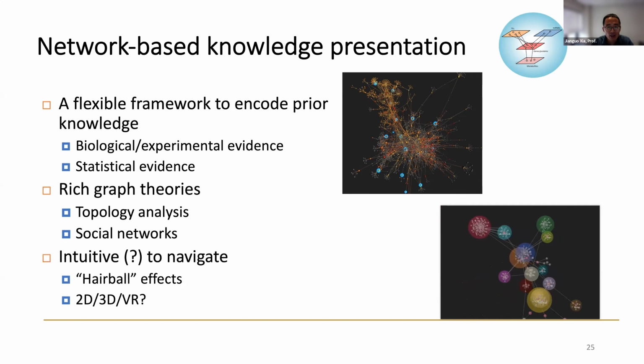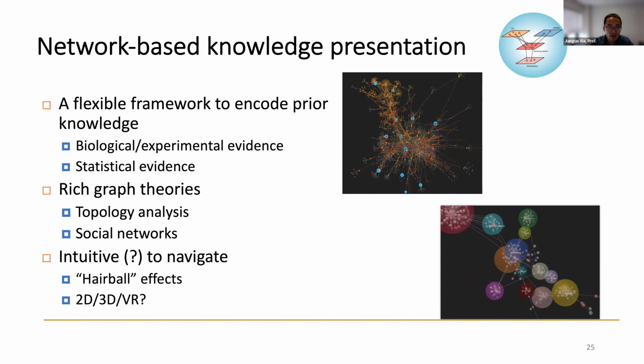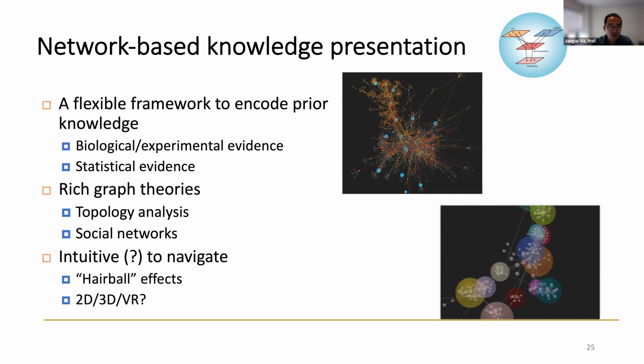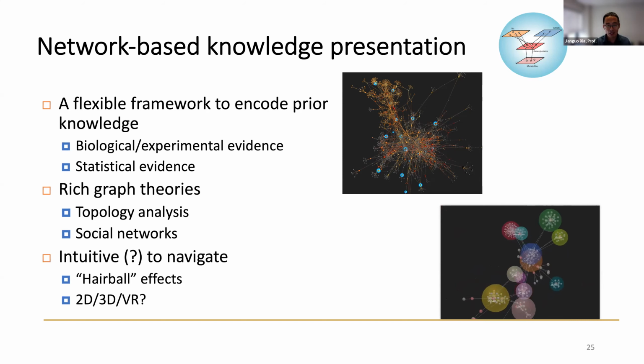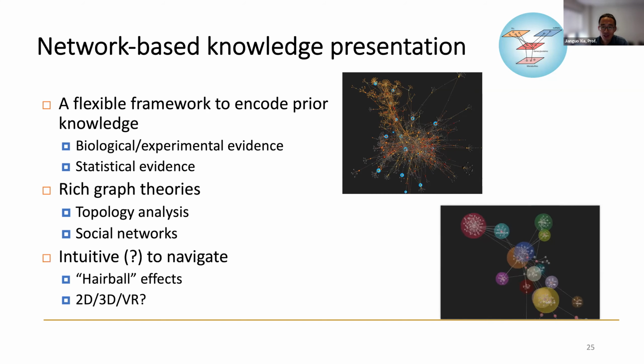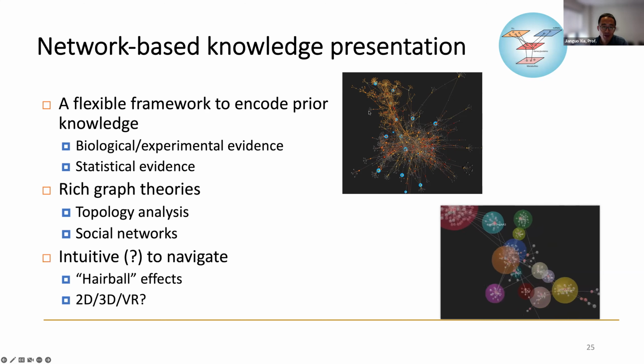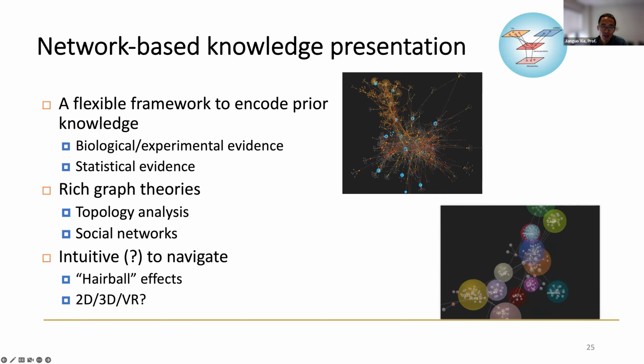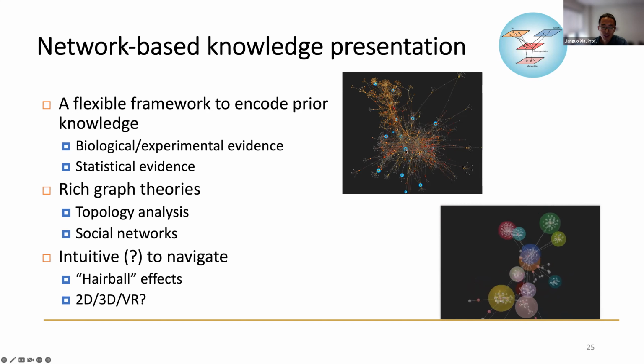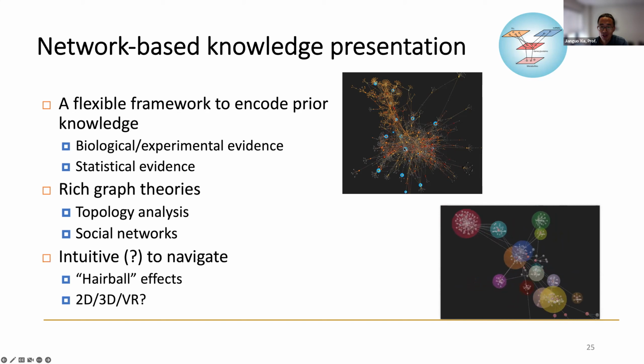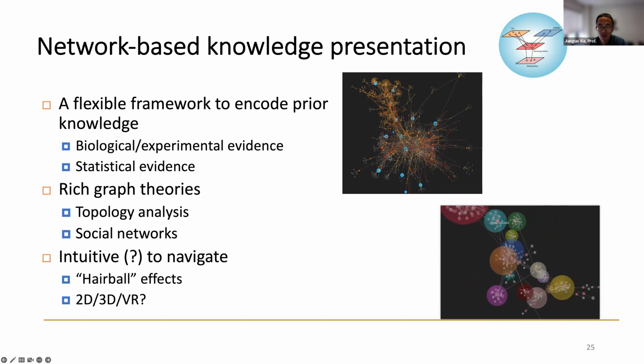Gradually, we found a 2D network is okay, but 3D could be very cool because with 3-dimensional networks, you can see something you don't usually see. So a few years ago, we used WebGL, which people use for developing games, to develop a network visualization. You don't need to install anything. You can use your browser and visualize the network in 3D. It's very cool.